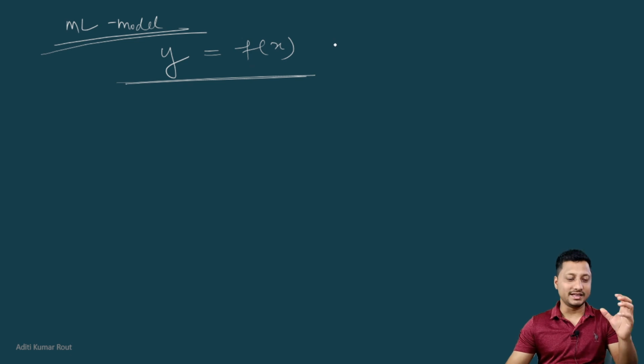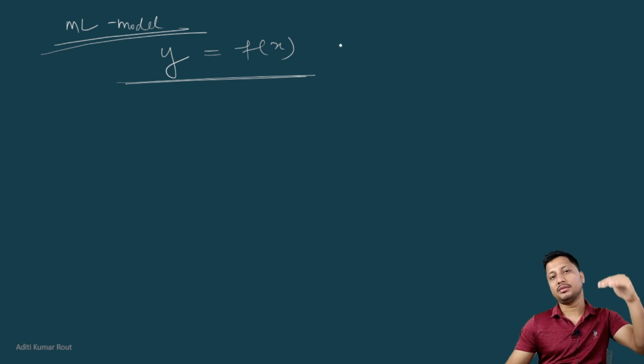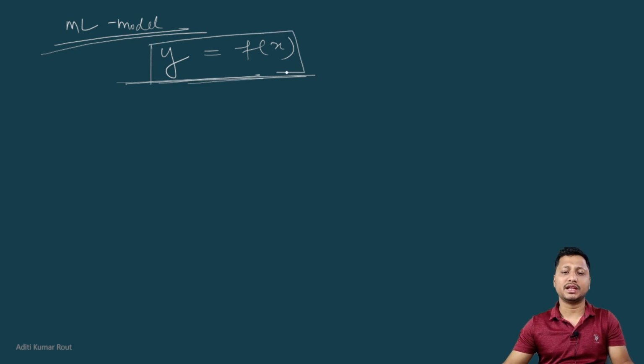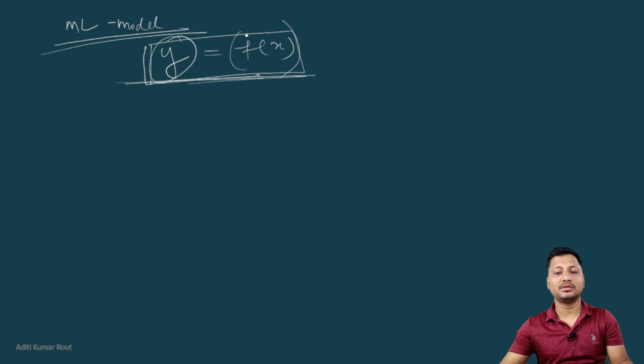We can easily fit it into that particular equation with reference to whatever training or interpretation we did earlier. This is a simple mathematical equation, where we are representing output as a function of input.